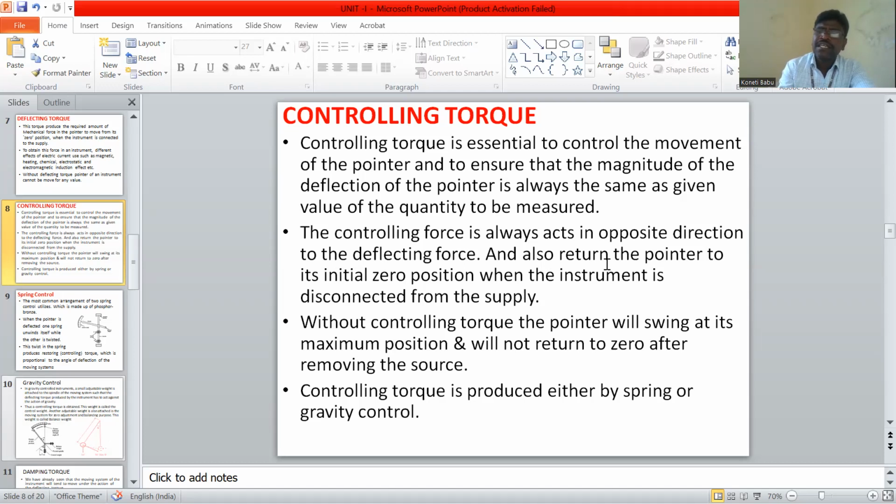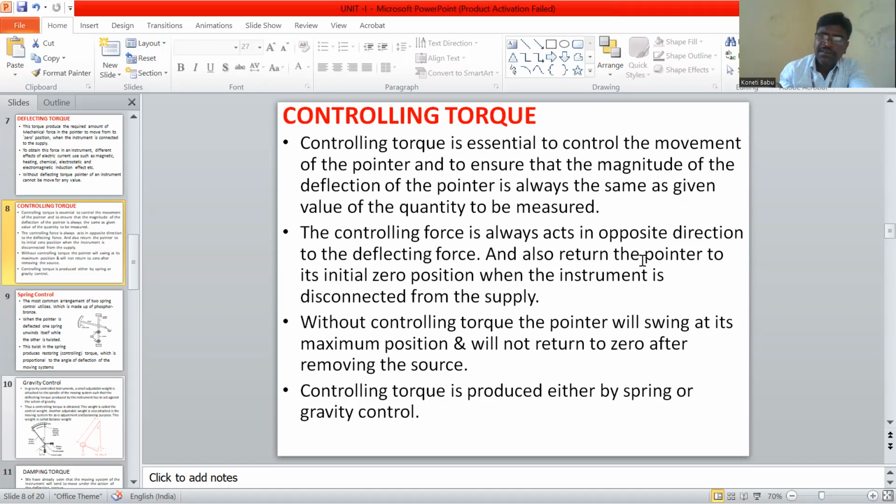Without controlling torque, the pointer will stick at its maximum position and will not return to zero after removing the source. If the controlling torque fails or is absent, the pointer will not come back to the zero position after the supply is removed.